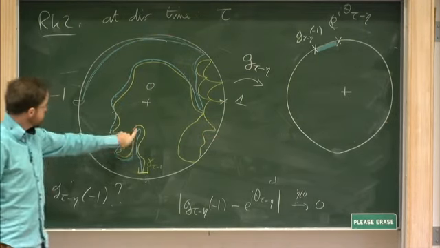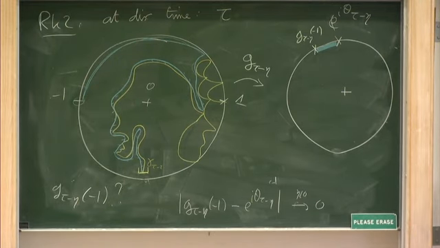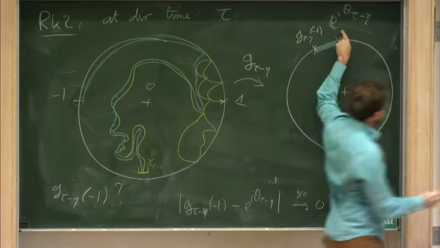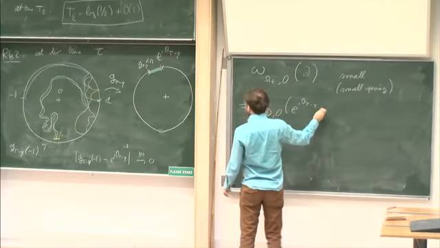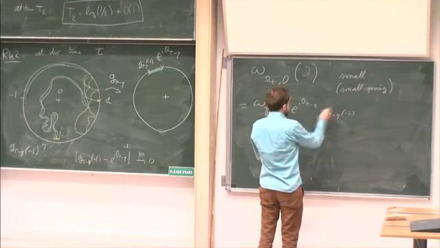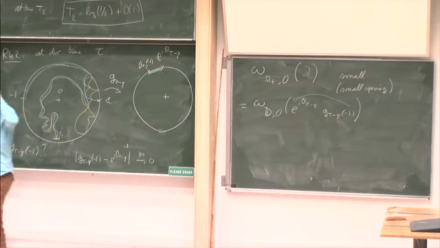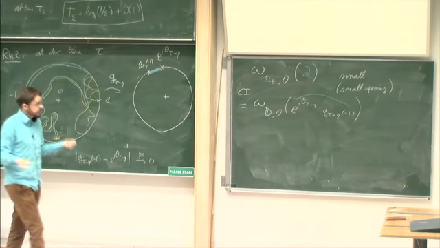So the harmonic measure of the blue curve in this domain is the same as the harmonic measure in the disk, also from 0, of the arc from e to the i theta at tau minus eta up to g at tau minus eta of minus 1. So this is just by conformal invariance of the harmonic measure, which is the same as the conformal invariance of Brownian motion.